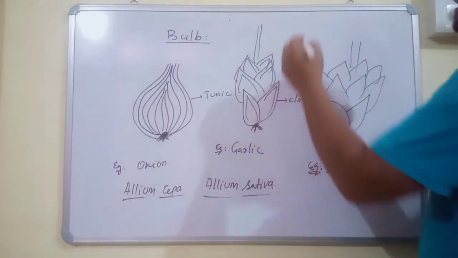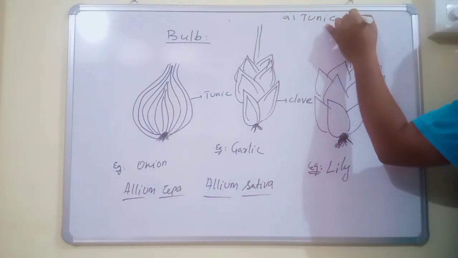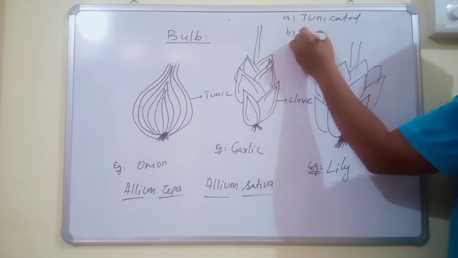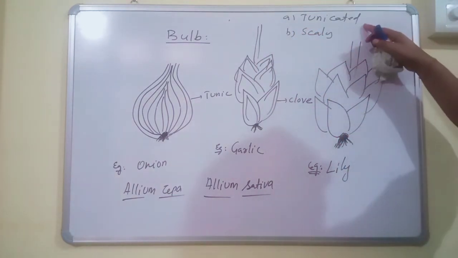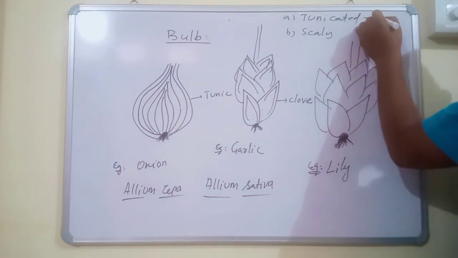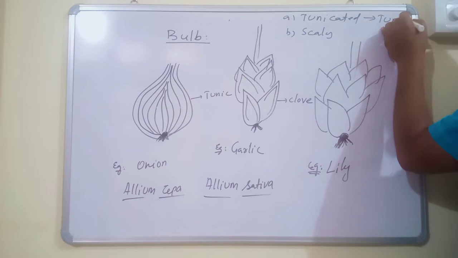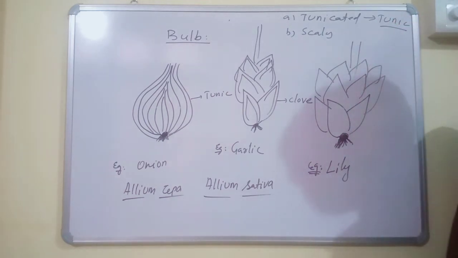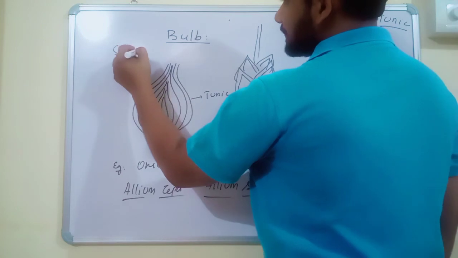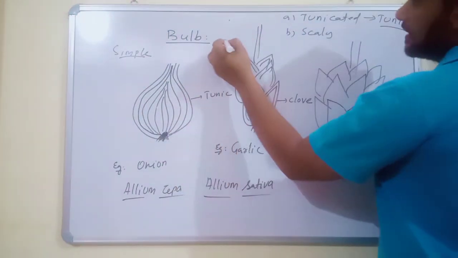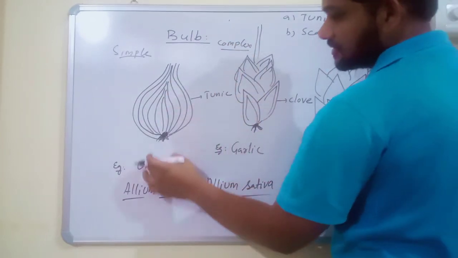And bulbs are usually of two types: tunicated bulb and scaly bulb. Tunicated bulb means in this bulb the fleshy scale leaves are protected by a covering, and this covering is called tunic. And the tunicated bulb is again of two types: simple tunicated and complex tunicated. For simple tunicated bulb, the example is onion.